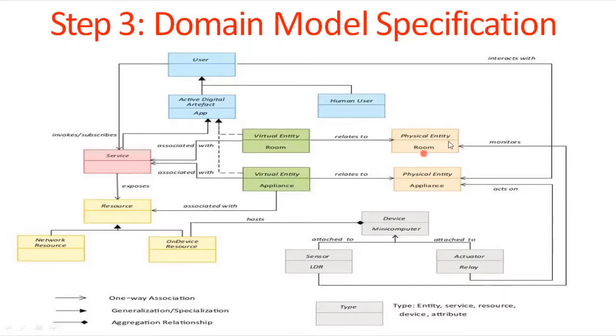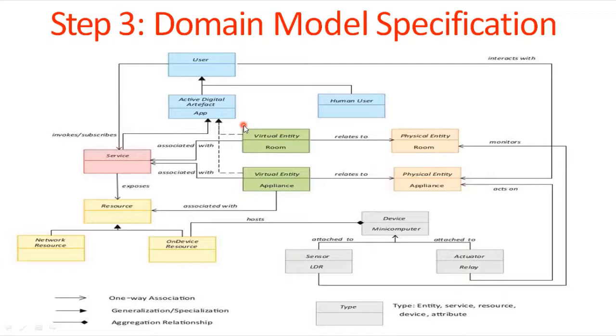The sensor monitors the physical entity room, and then the actuator, the relay, acts on the appliances. In this case, the user interacts with the physical entity. The user always interacts with this physical entity. In this case, human users are there, and active digital artifacts are there.